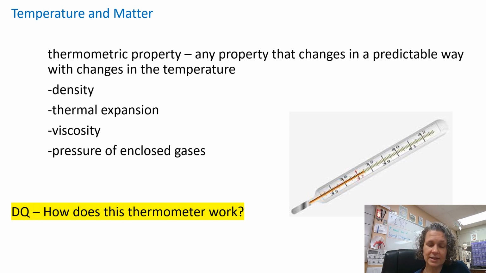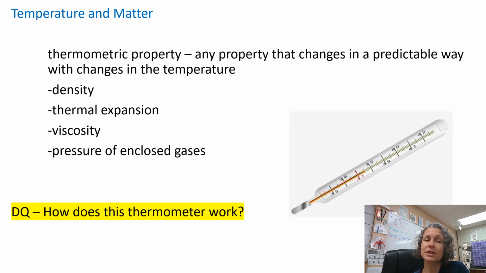Some other things: density changes with the temperature change, and most substances as they get cooler become more dense. That's why the solid form of most things will sink in the liquid form of that substance. Ice, water is the one big exception. Remember, water's crazy in terms of all the chemistry that it doesn't follow. But anyway, so there's density.